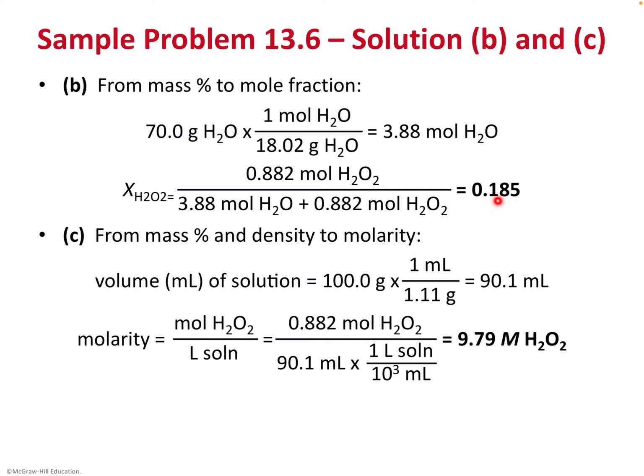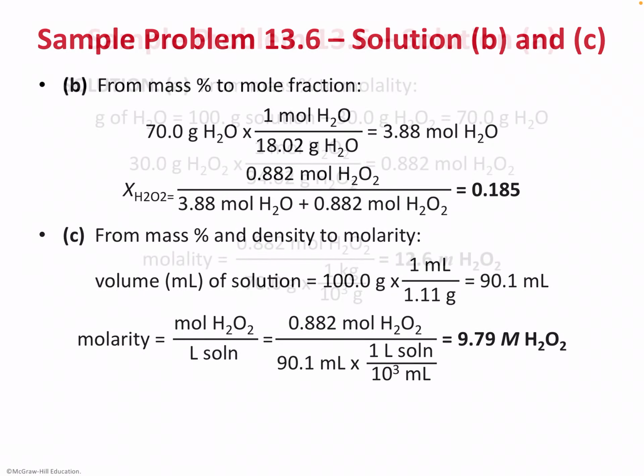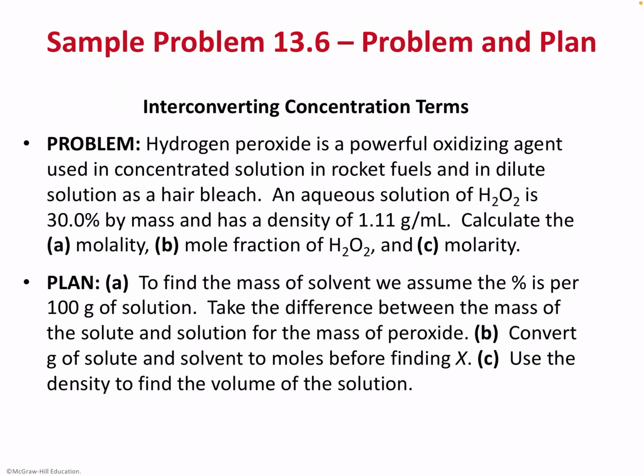And to find out the molarity, from the mass percent and density to molarity, we were given the volume of the solution. We are trying to find out the volume of the solution. We were given the mass of the solution, 100 grams. And then the density was given to us as 1.11.